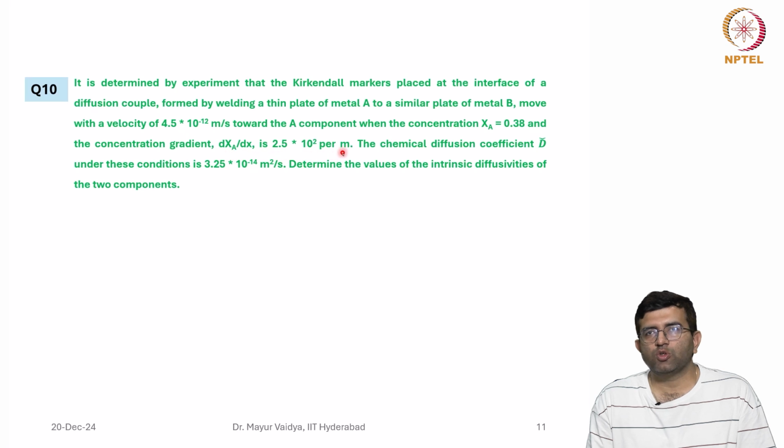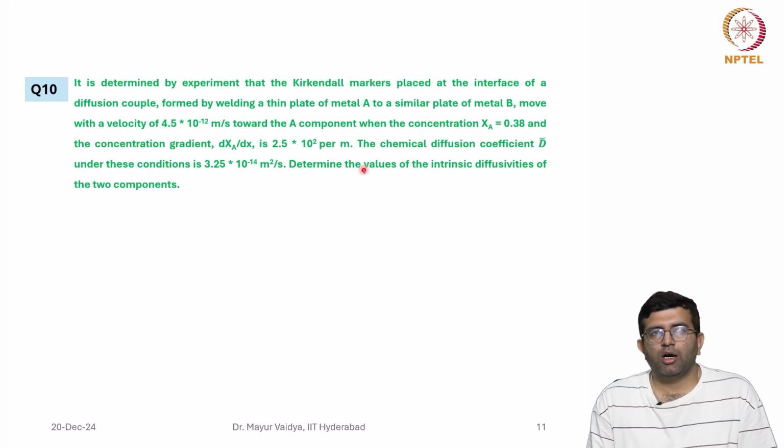The chemical diffusion coefficient or interdiffusion coefficient D tilde under these conditions is 3.25 times 10 power minus 14 meter square per second. Determine the values of intrinsic diffusivities of these two components.